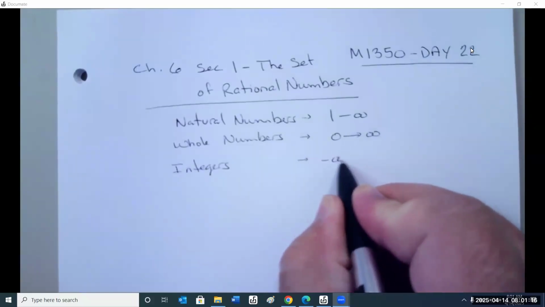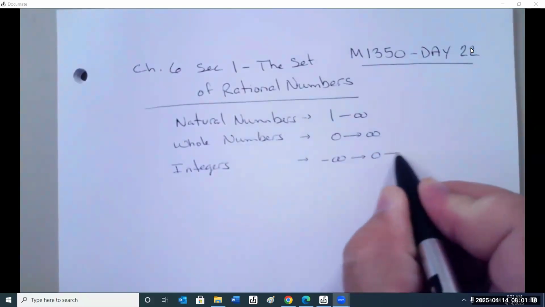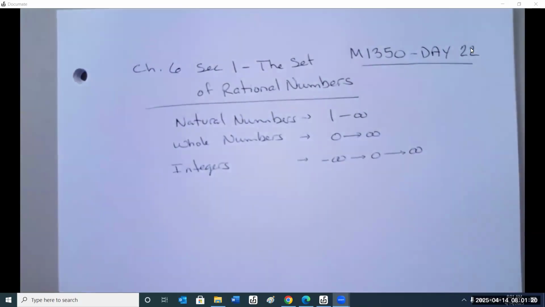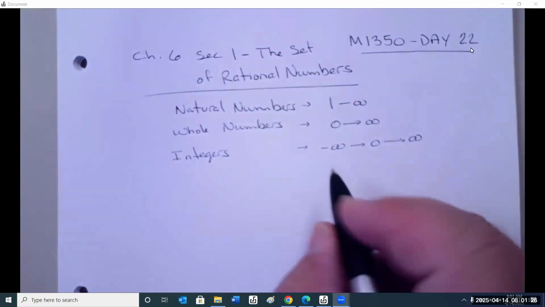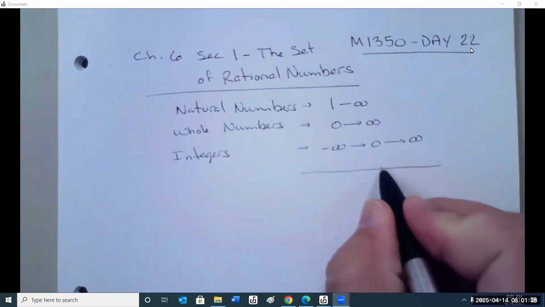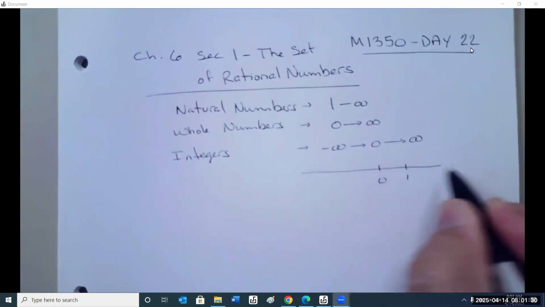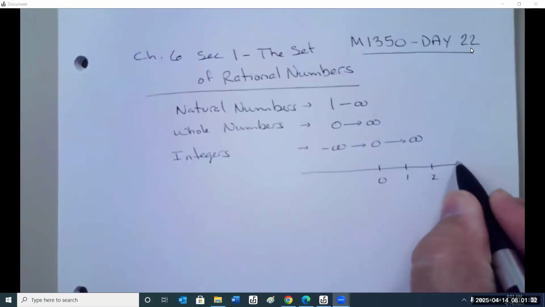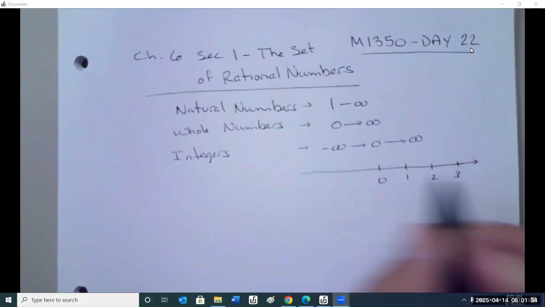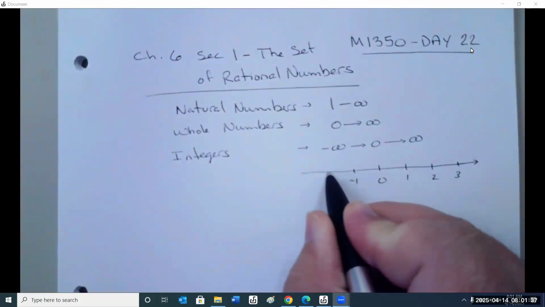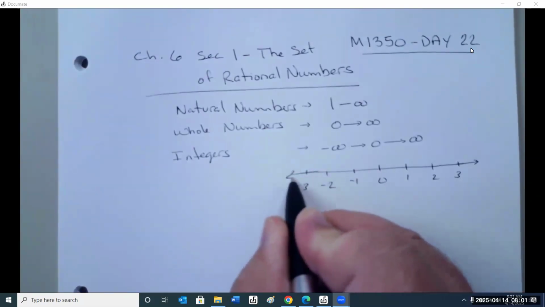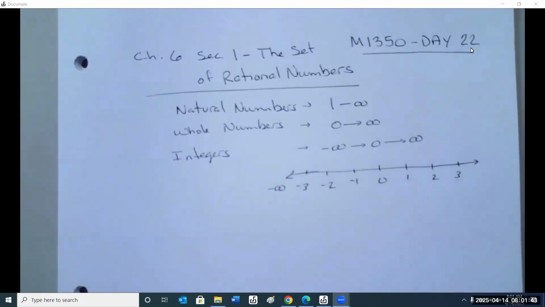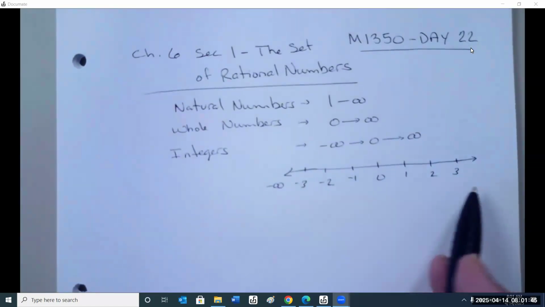Those go from negative infinity to 0 to positive infinity. For example, these are integers.